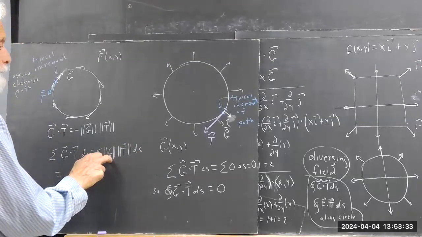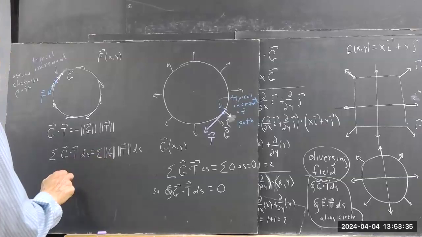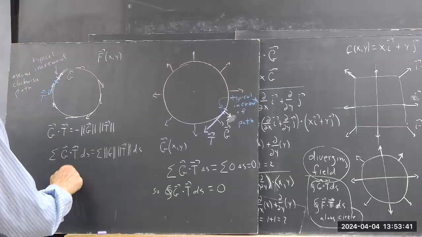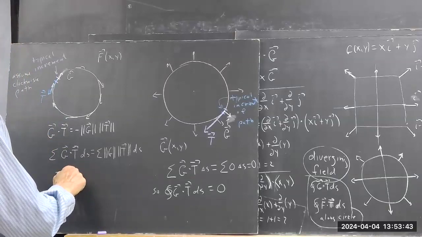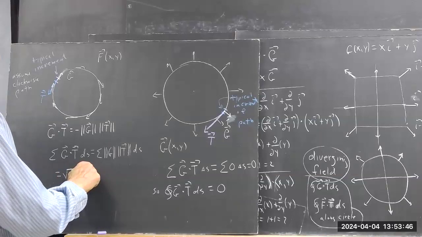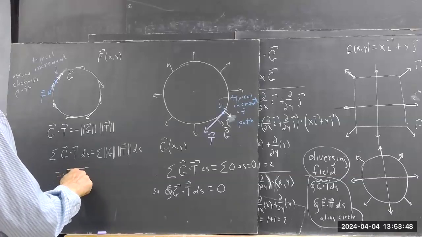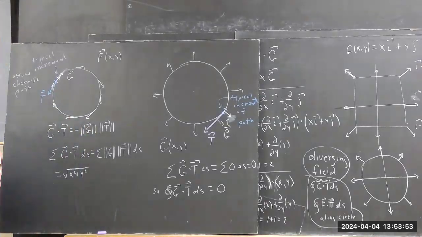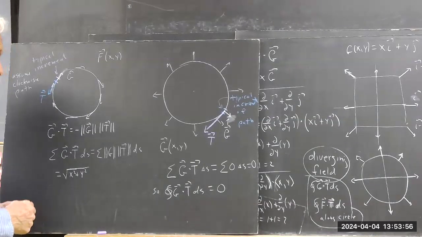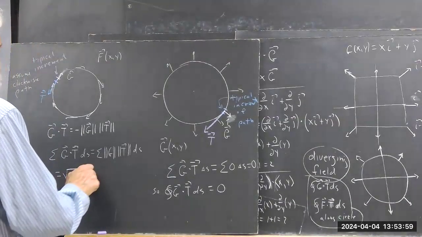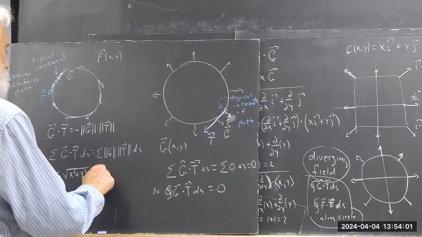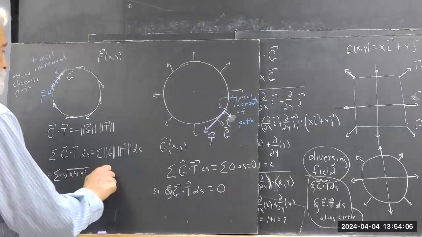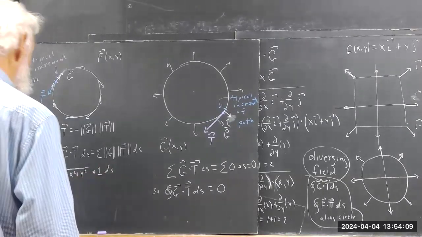The magnitude of G as defined is the square root of x squared plus y squared, but on the unit circle it would be the square root of 2, right? And actually, no, it's that times the magnitude of the unit tangent vector, times ds.